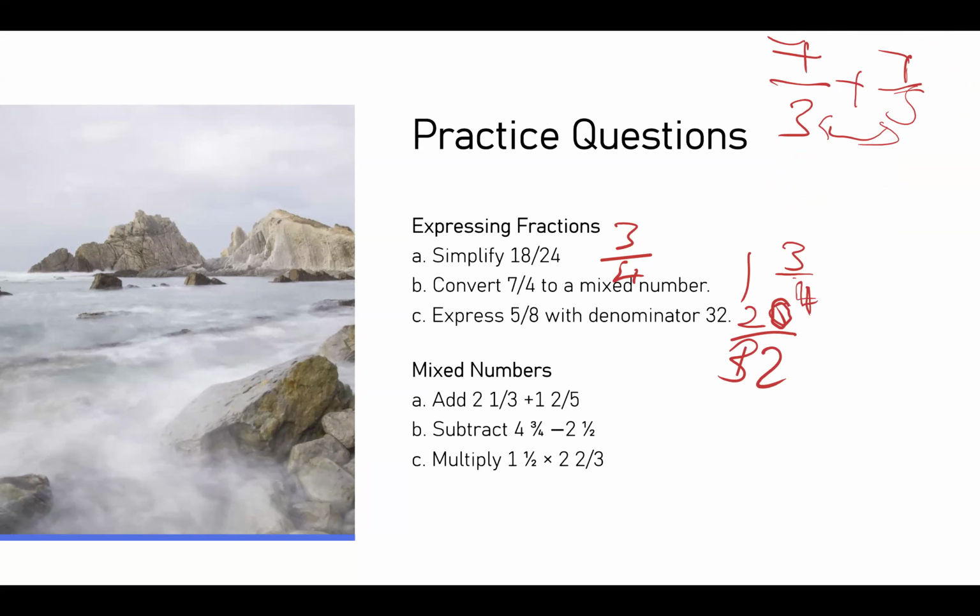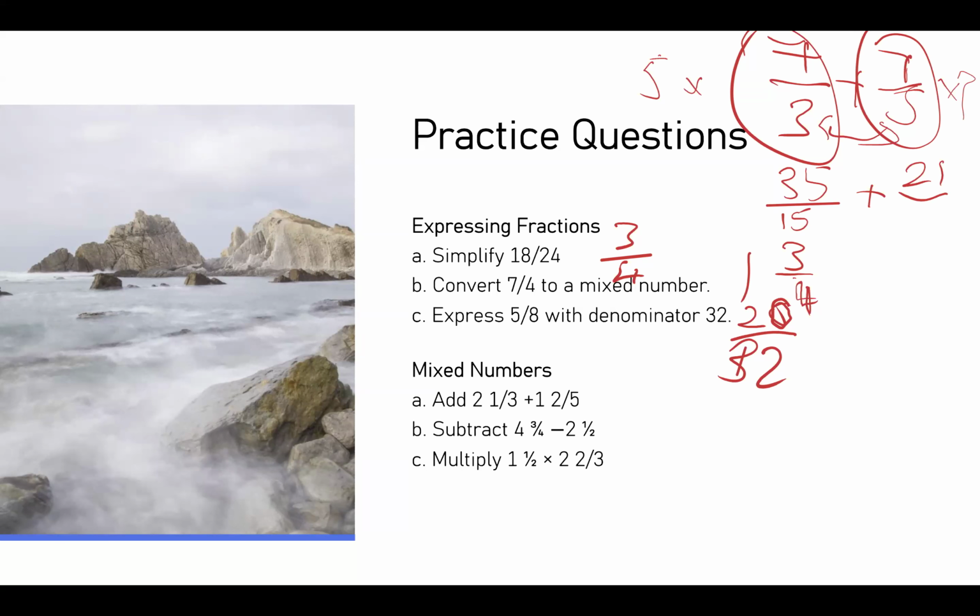So we multiply this whole by 5, and then this whole by 3. So it would become 35 over 15 add 21 over 15, which equals 35 add 21 is 56 over 15.